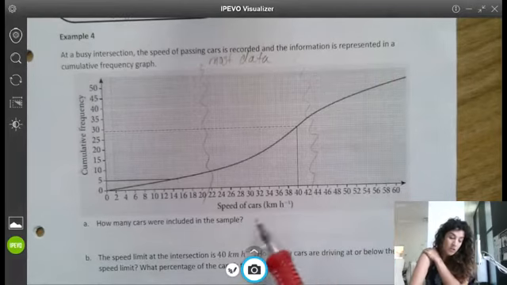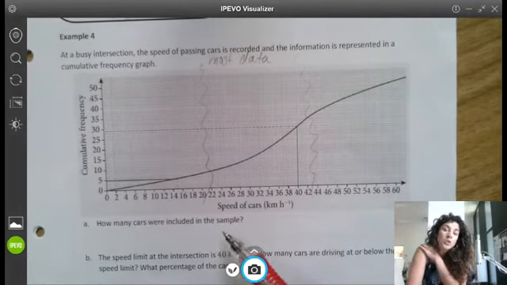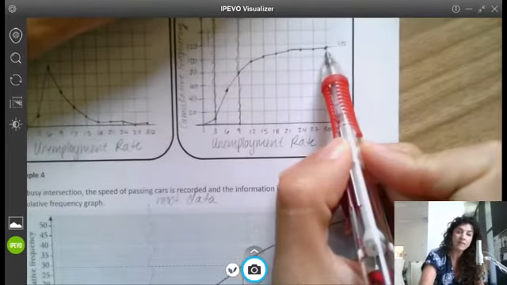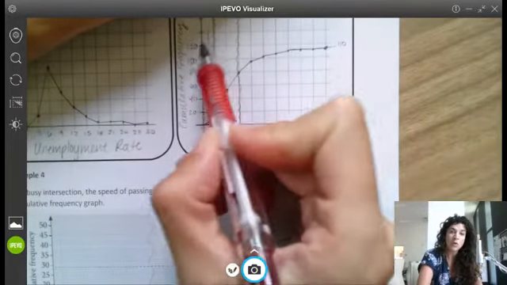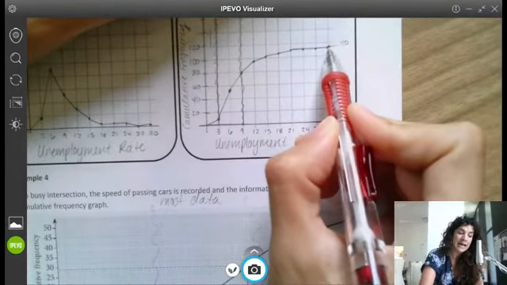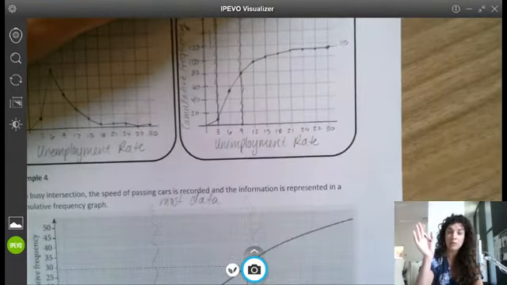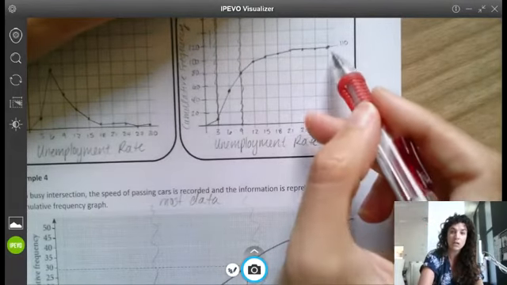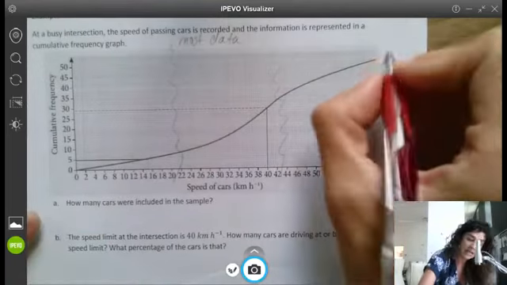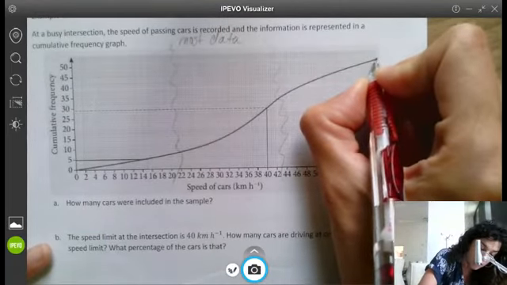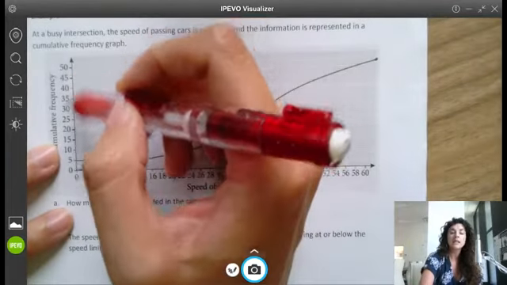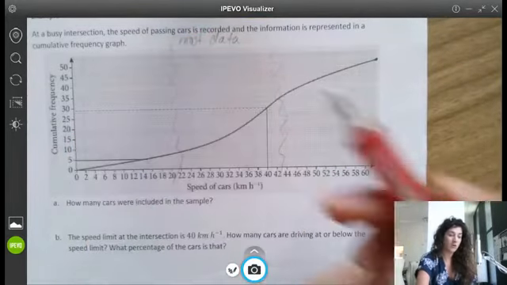The first question says, how many cars were included in this sample? Remember, up here, we included a total of 110 countries. When we entered the data on a cumulative frequency graph, we entered the data at the total amount of people, or countries, that we studied, which was 110. Mimicking that down here, we need to go to the end of our graph, and the end of our graph is right here. This is speed of cars, and this is the total number of cars that were studied.